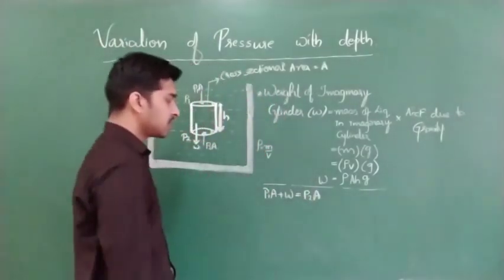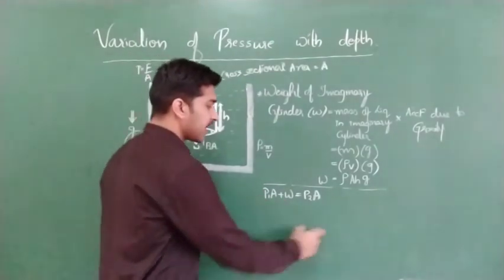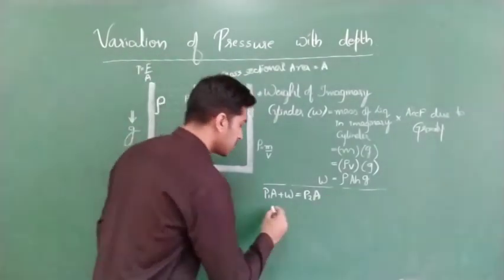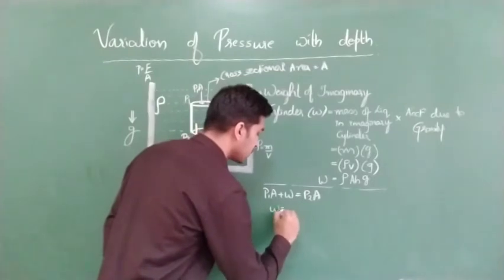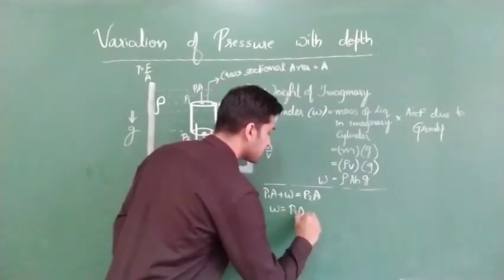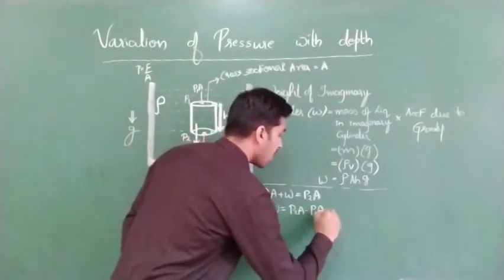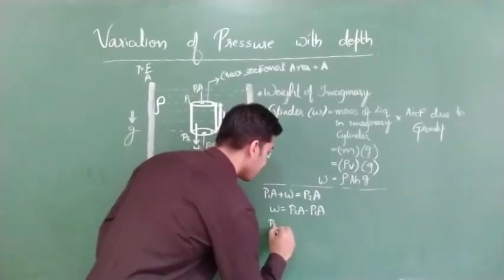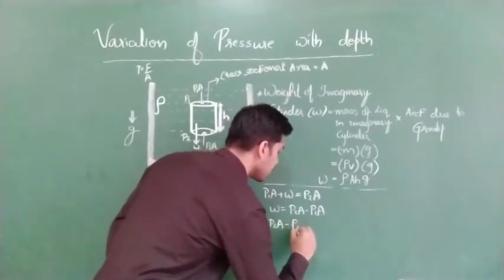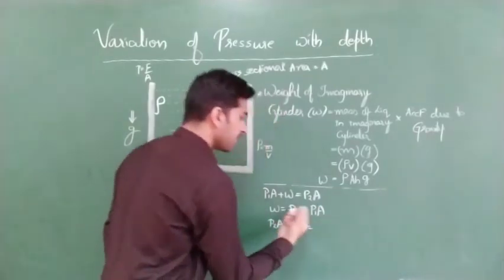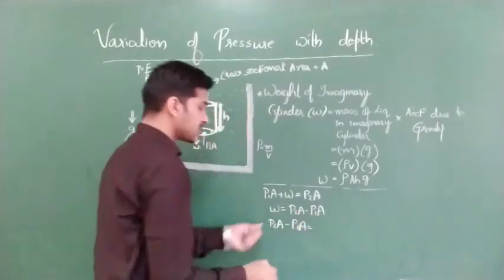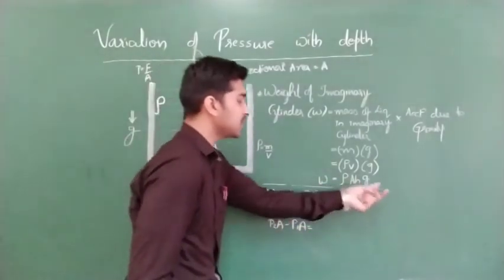Clear? So now take P1A to the right hand side. What is remaining with us? W is equal to P2A minus P1A. So P2A minus P1A is equal to W. What is our W ultimately? Rho AHG, correct?